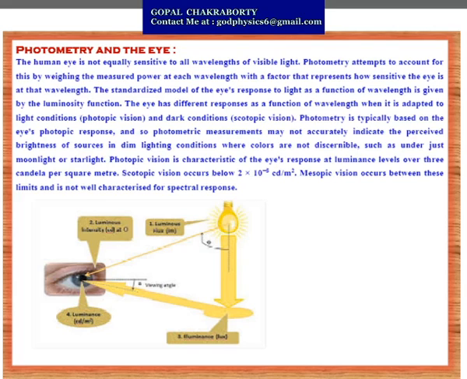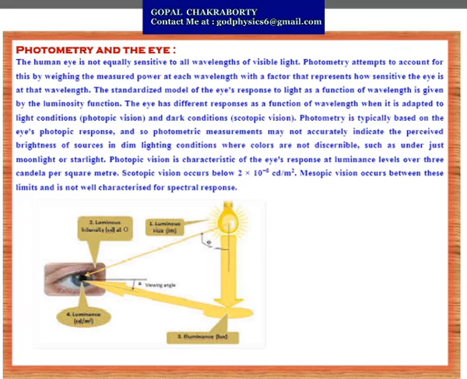Photometry is typically based on the eye's photopic response, and so photometric measurements may not accurately indicate the perceived brightness of a source in dim lighting conditions where colors are not distinguishable, such as under just moonlight or starlight.